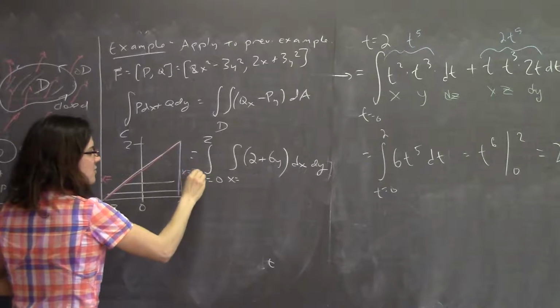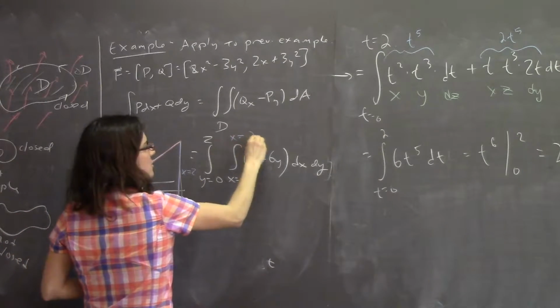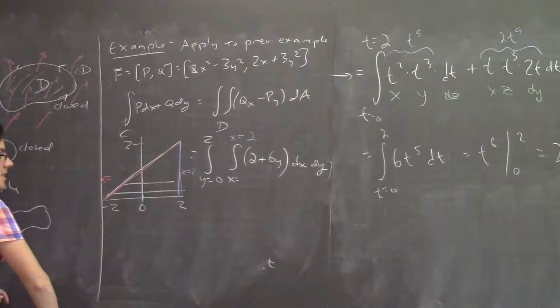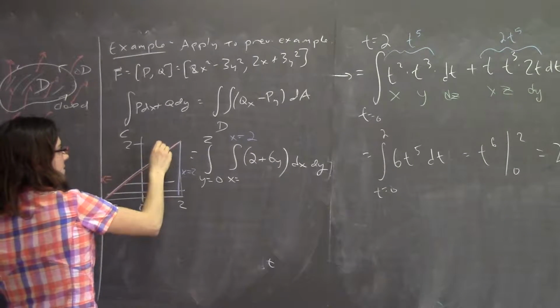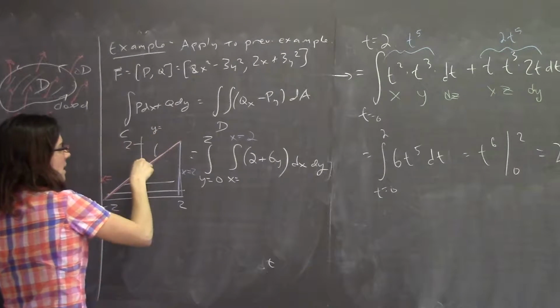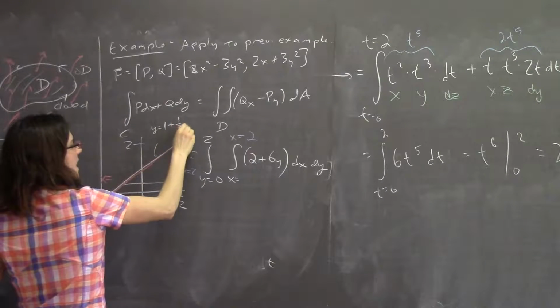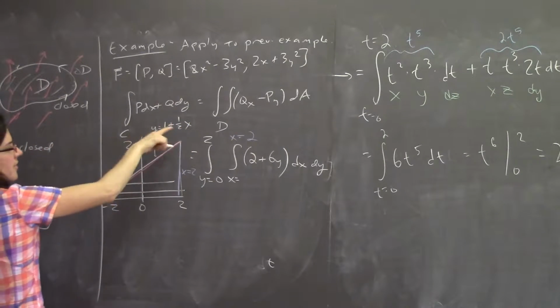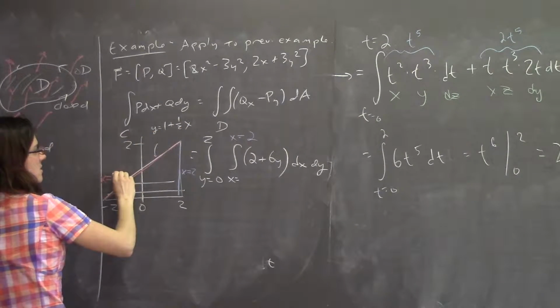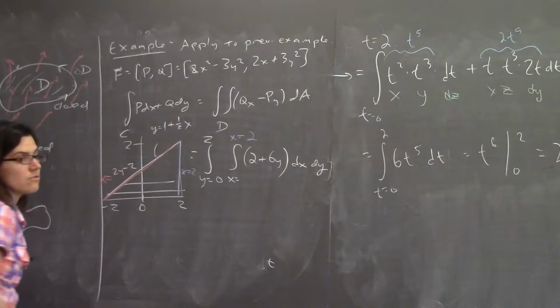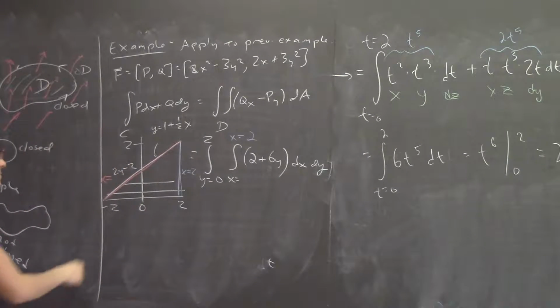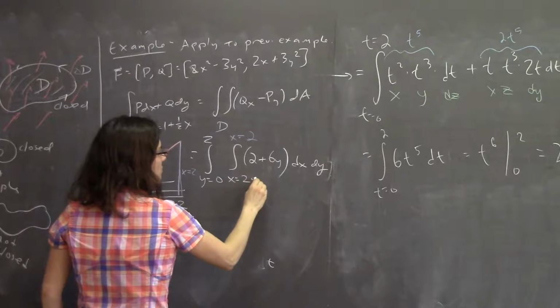On this purple line, it's 2. So x at the top is 2. And this line is like y equals y-intercept of 1 plus half x. So if you solve for x, I think you get x equals 2y minus 2. So on this pink line, x is 2y minus 2.